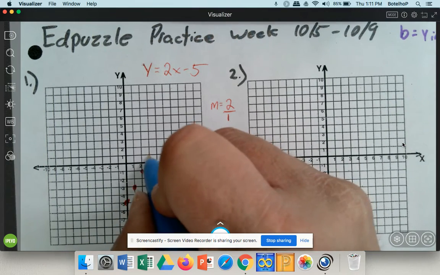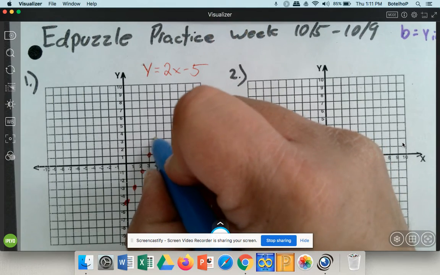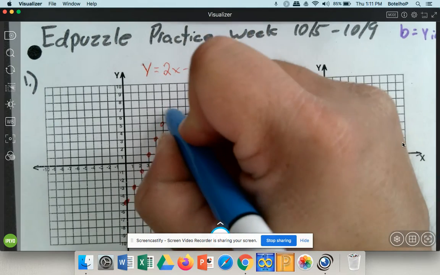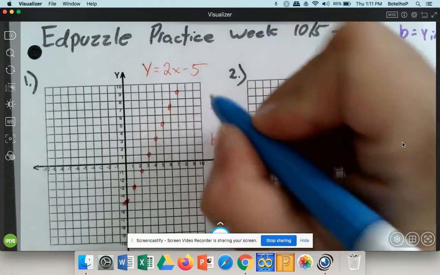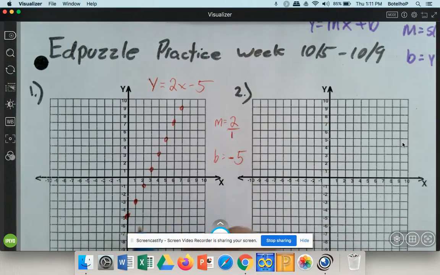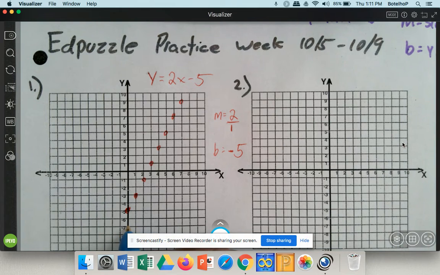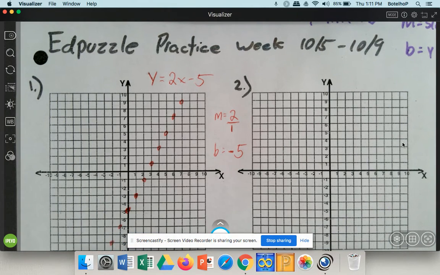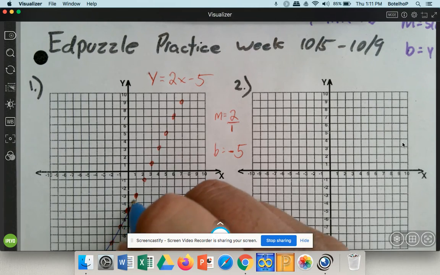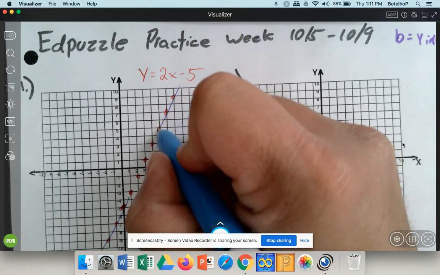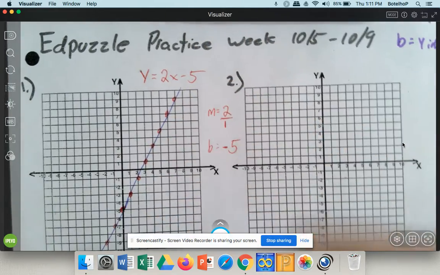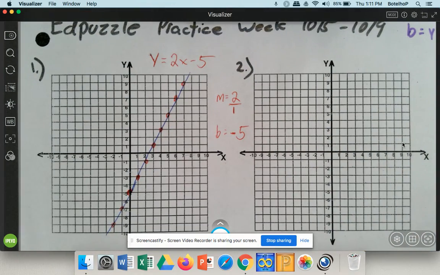As these examples go forward, especially since these graphs are quite large, I like to make as many points as I can with that staircase slope, up 2/1. Now I'm going to go down 2, left 1, down 2, left 1, so I can connect the dots to make my line. I'll try to make it as straight as I can, like that. So that's your first one.